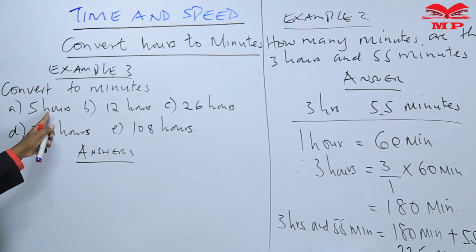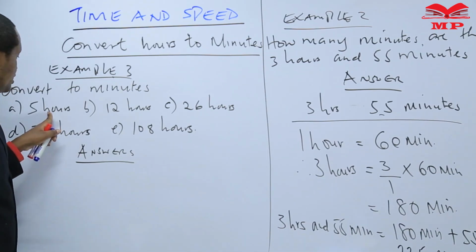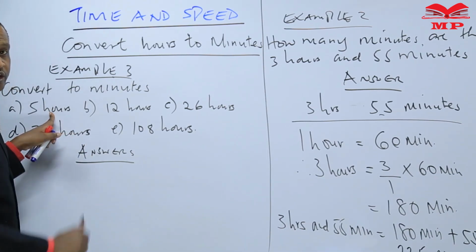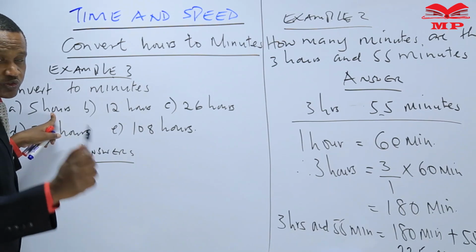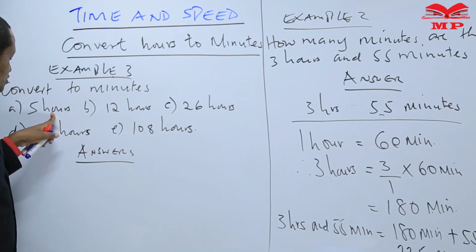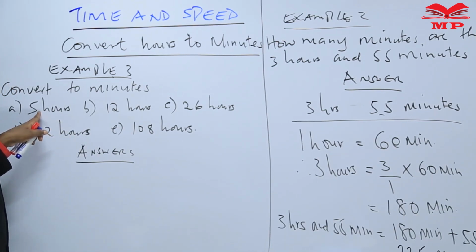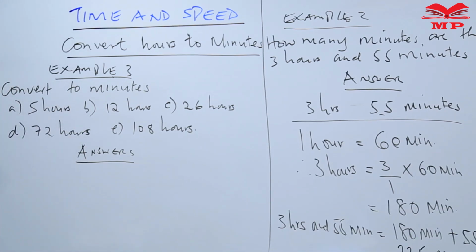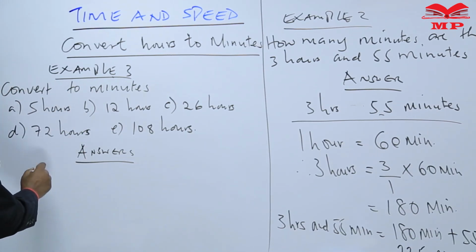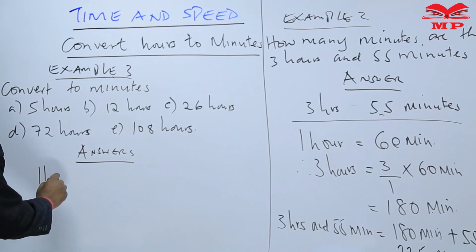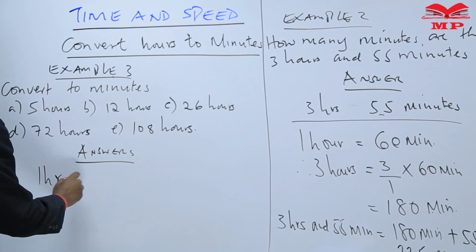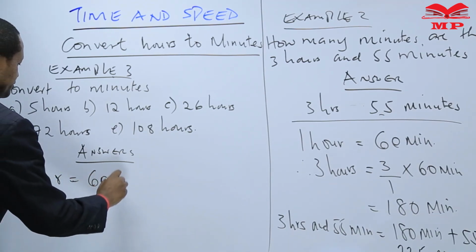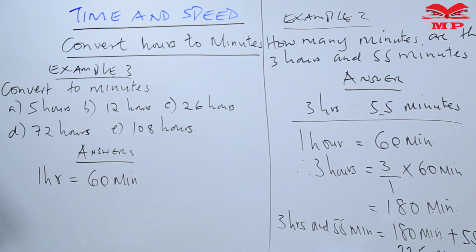So we need to convert these units. We said time can be measured in hours, in minutes, and also in seconds. So we want to convert 5 hours into minutes. We have said that 1 hour is equivalent to 60 minutes.